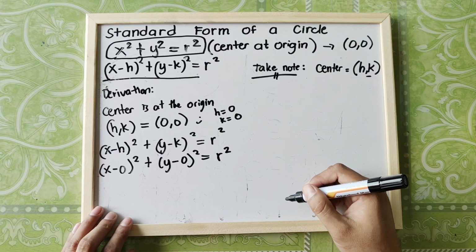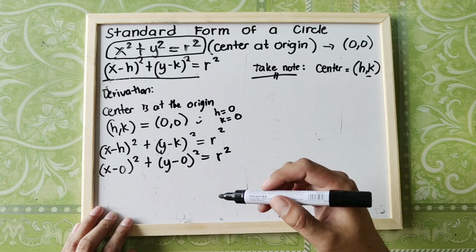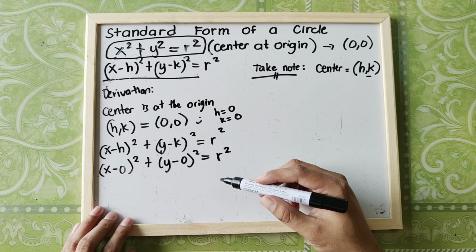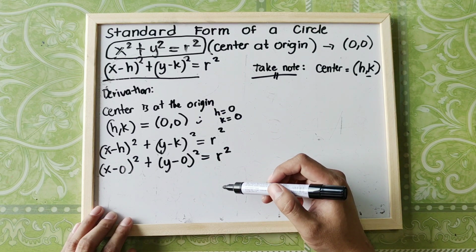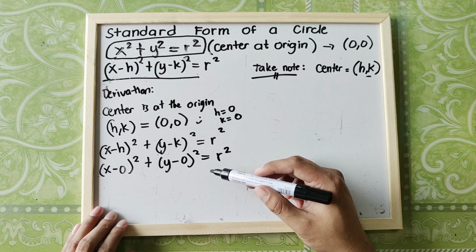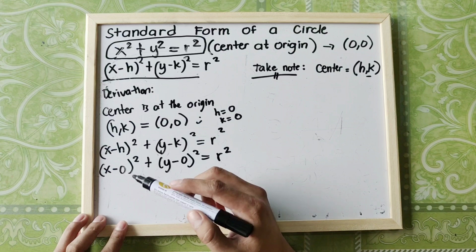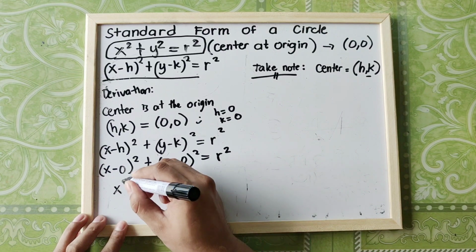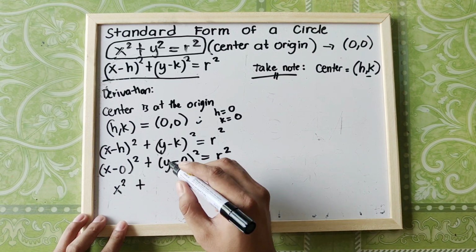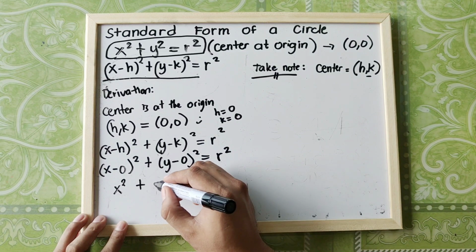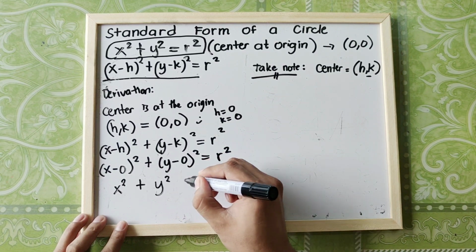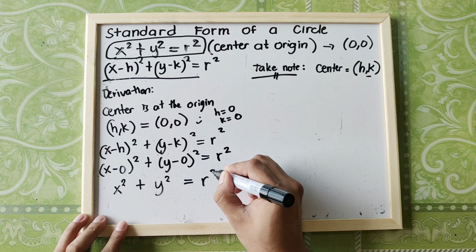Take note, in substituting and simplifying the equation, do not change anything from the equation. Just simply substitute the values of h and k. So simplify. What will happen next? x minus 0, of course, x, copy the square, plus y minus 0, so y, copy the square, is equal to r squared.